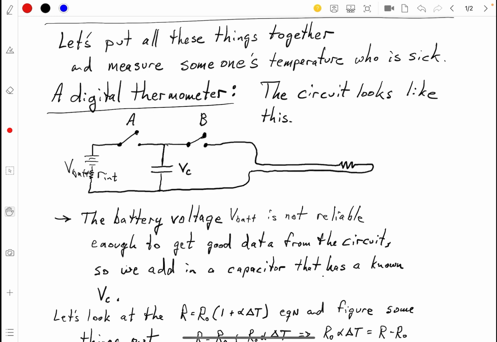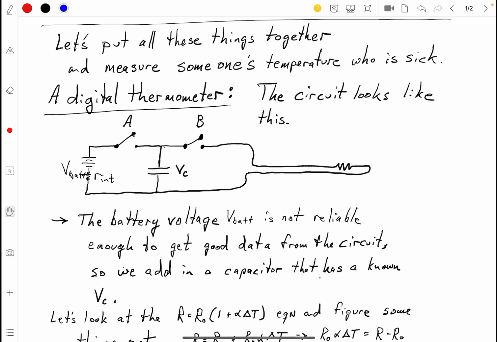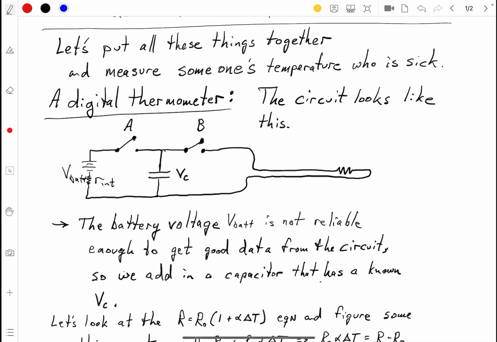Now, if you haven't seen chapter 21 yet, that's fine, but all batteries have some internal resistance. They're not perfect. Depending on how many times this battery's been used, we can't get a reliable voltage from that battery.